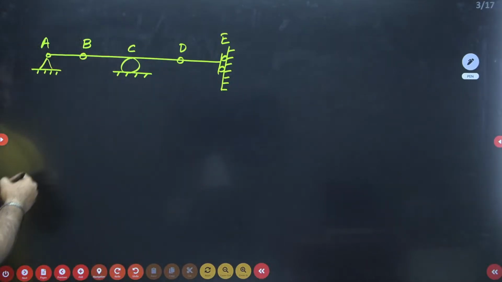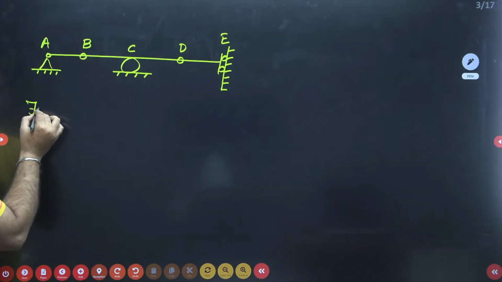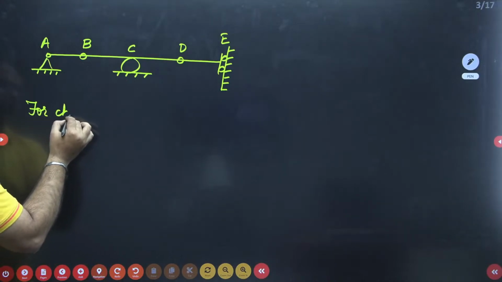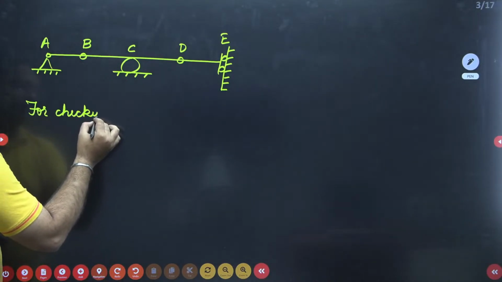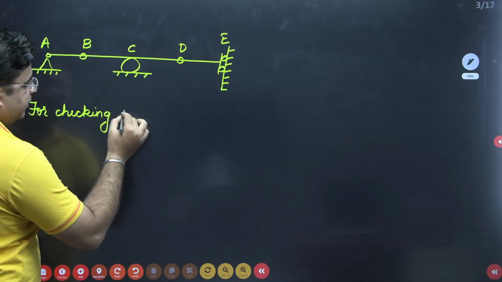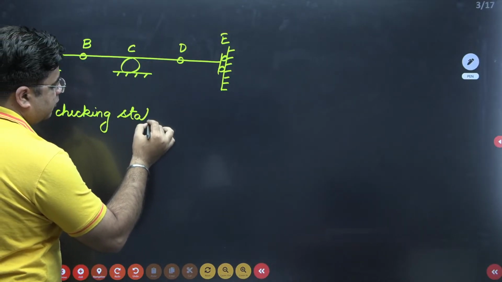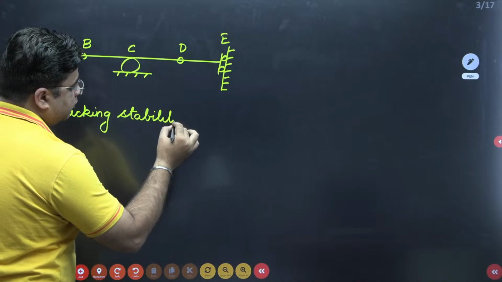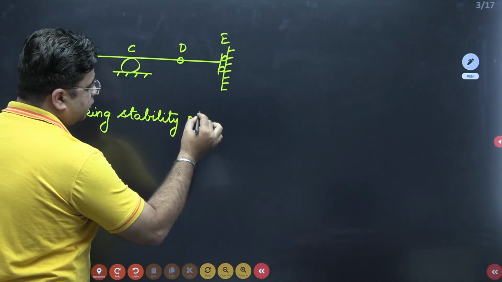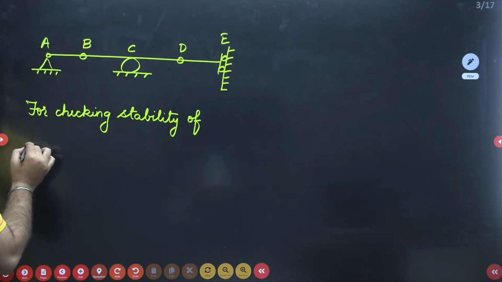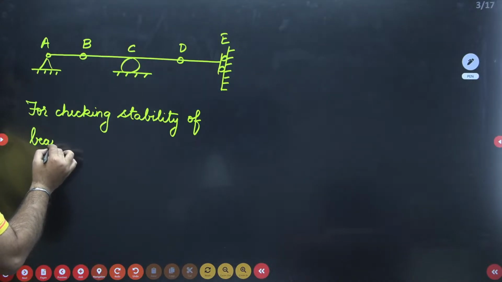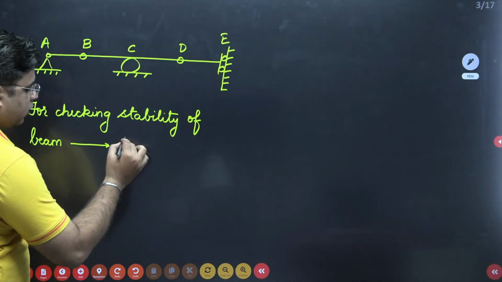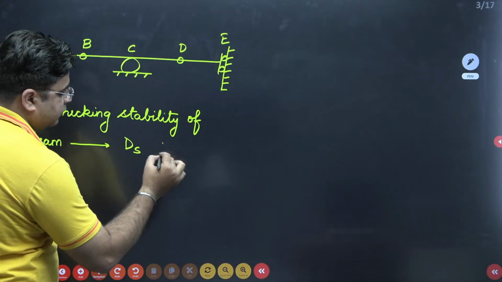For checking the stability of the beam, go for DS calculation.